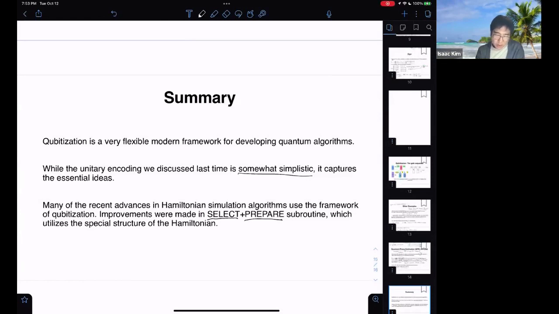The main theme there is that oftentimes the Hamiltonian has a special structure, and you can exploit those structures to reduce the cost of these select and prepare subroutines. So identifying such structure seems to have a direct application for making quantum algorithms more efficient. Okay, so that's it for today, and I'll take some questions.